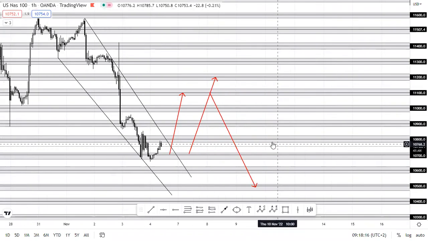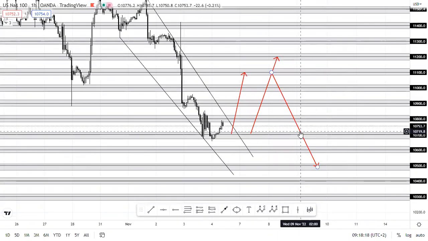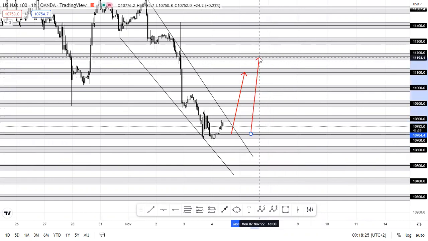Let me just remove this here. Focusing on the buy, our buy would look like this.